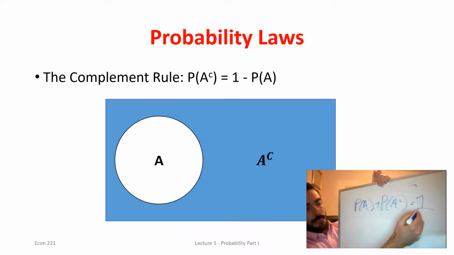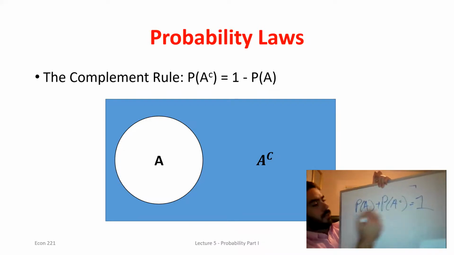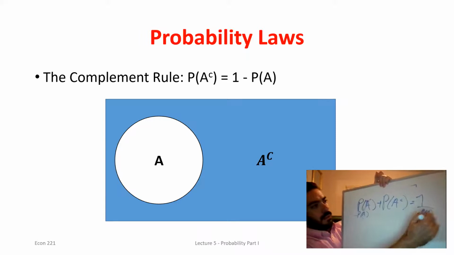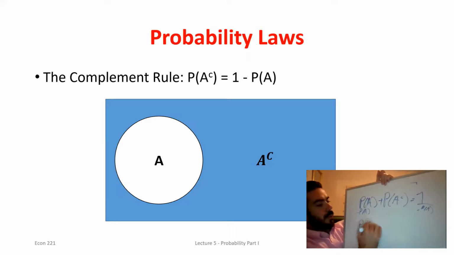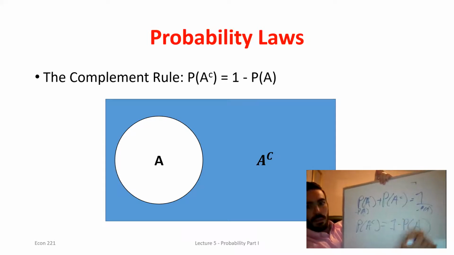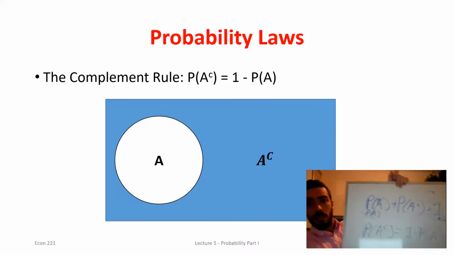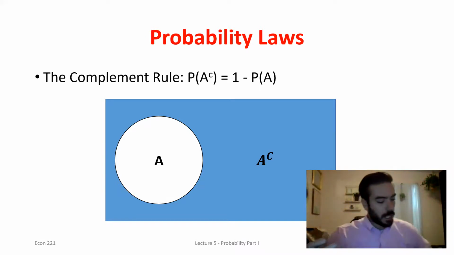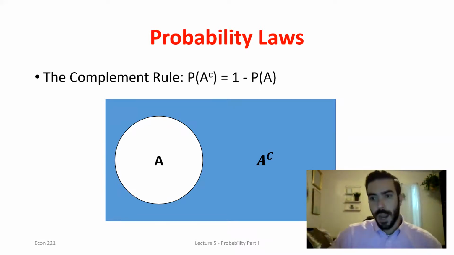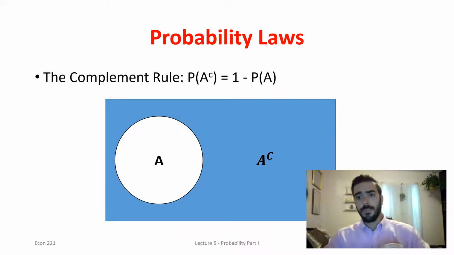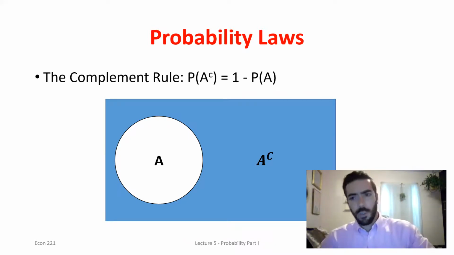I'm going to subtract the probability of A from both sides. And then what I'm left with is that the probability of A complement will always be just 1 minus the probability of A, right? So anytime I know the probability of A, I automatically know the probability of its complement by just subtracting the probability of that event from 1. Sounds pretty easy. That's not too tough of a rule.